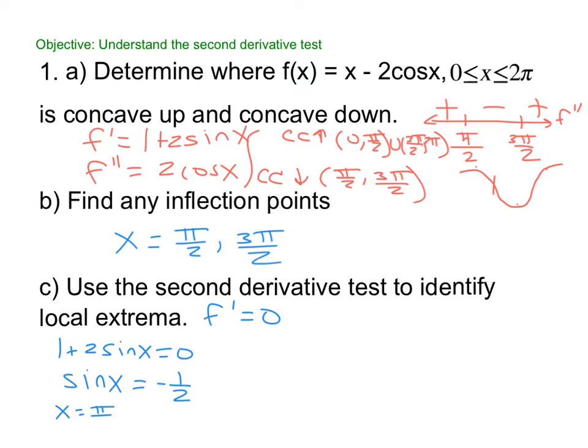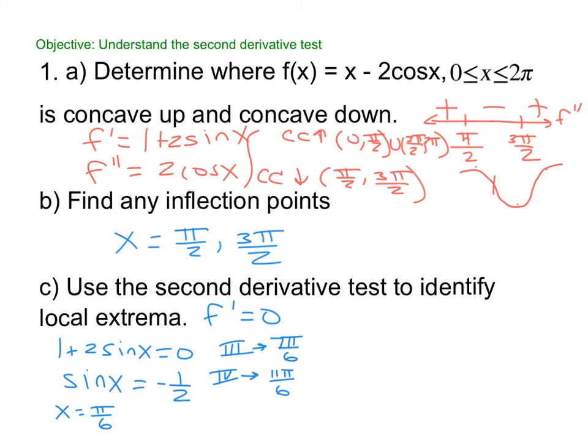But we are in quadrants 3 and 4, all students take calculus. So quadrant 3, that's pi plus pi over 6, that's 7 pi over 6. And quadrant 4, 2 pi minus pi over 6, 11 pi over 6.